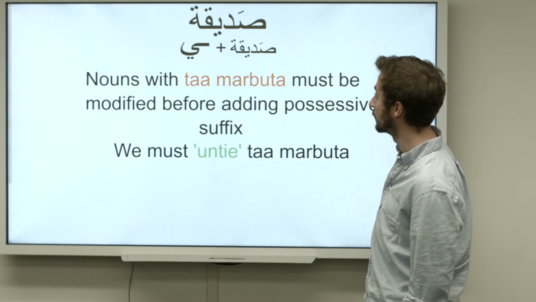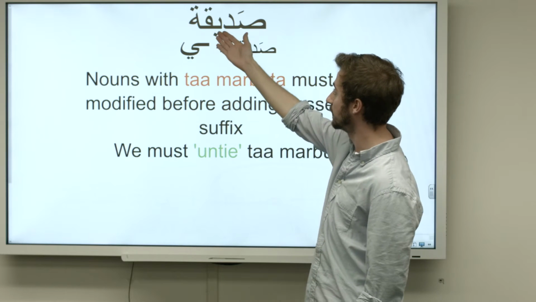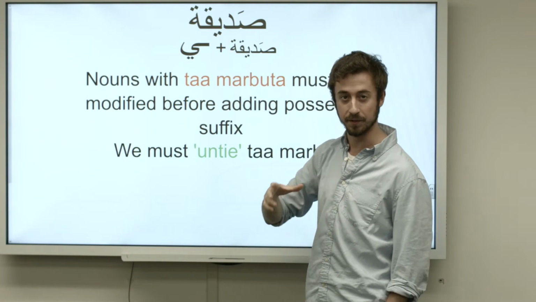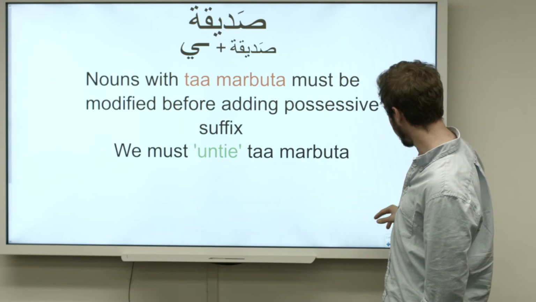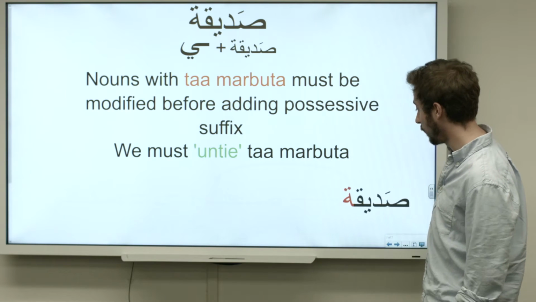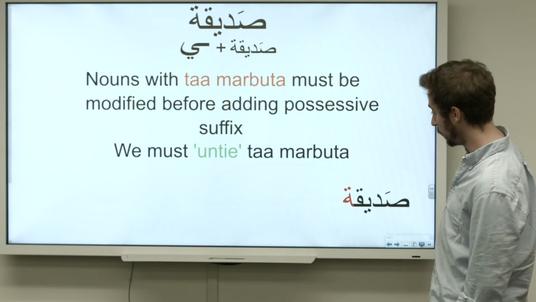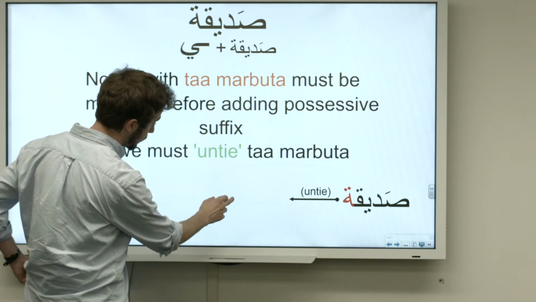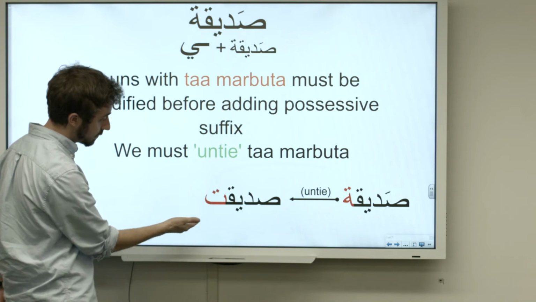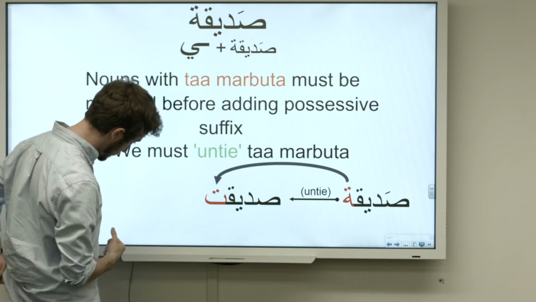A good way to remember it is that the ta marbuta has the ta built in almost. There's the two dots on top. So let's take sadiqa. It has the ta marbuta. We must untie it, and the ta marbuta becomes the ta, as you can see.